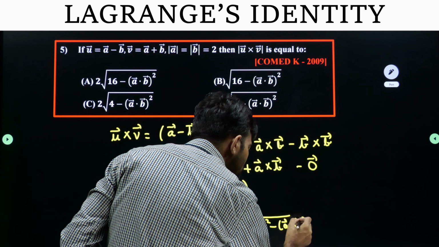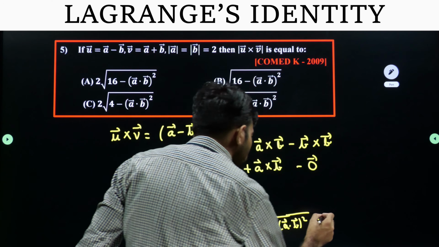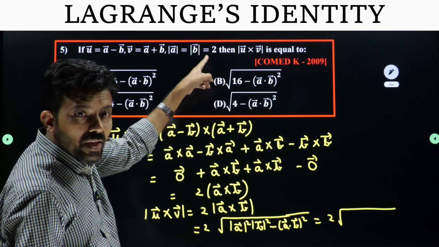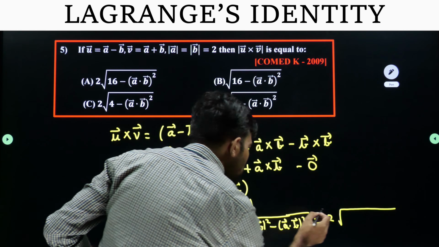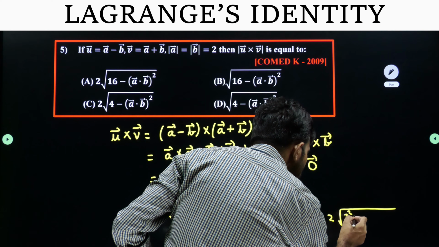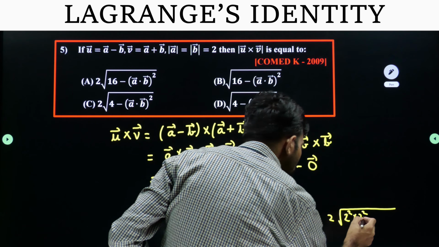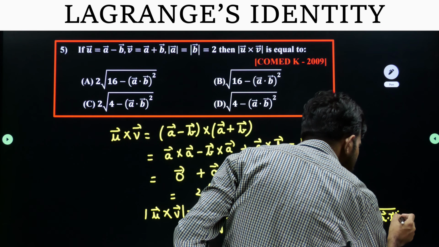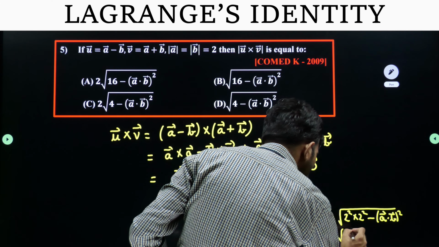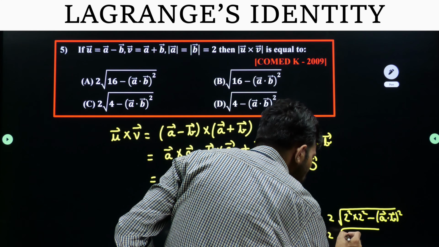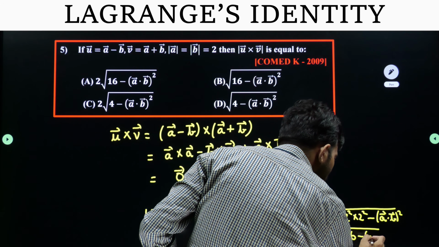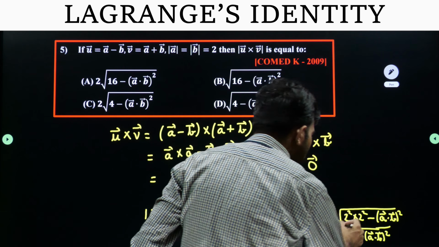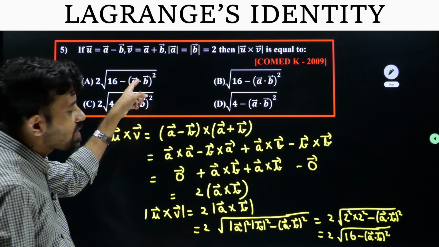Magnitude of vector A is 2, magnitude of vector B is also 2. Substitute. 2 square is 4. So 2 times the square root of 4 into 4, 16, minus A dot B square. 2 times square root of 16 minus A dot B square.